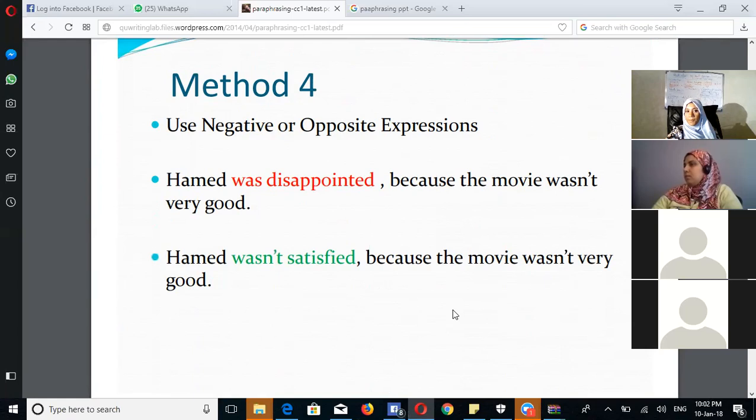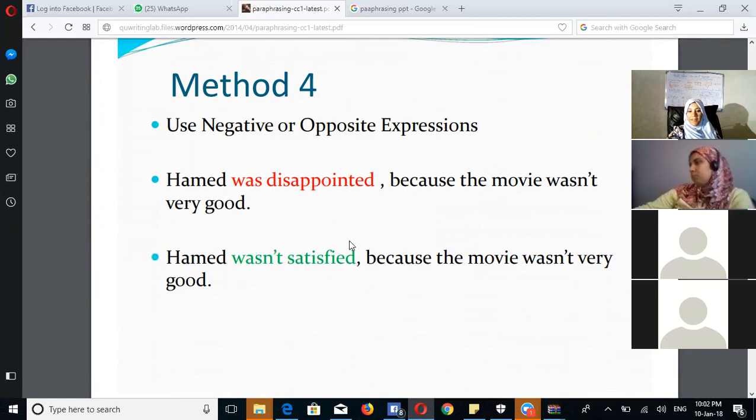I can say: Hamid wasn't satisfied because the movie wasn't very good. So here he was disappointed; we used wasn't, the negative, and satisfied, the opposite. Here the negative and here the opposite. So the negative of was is wasn't, and the opposite of disappointed is satisfied.